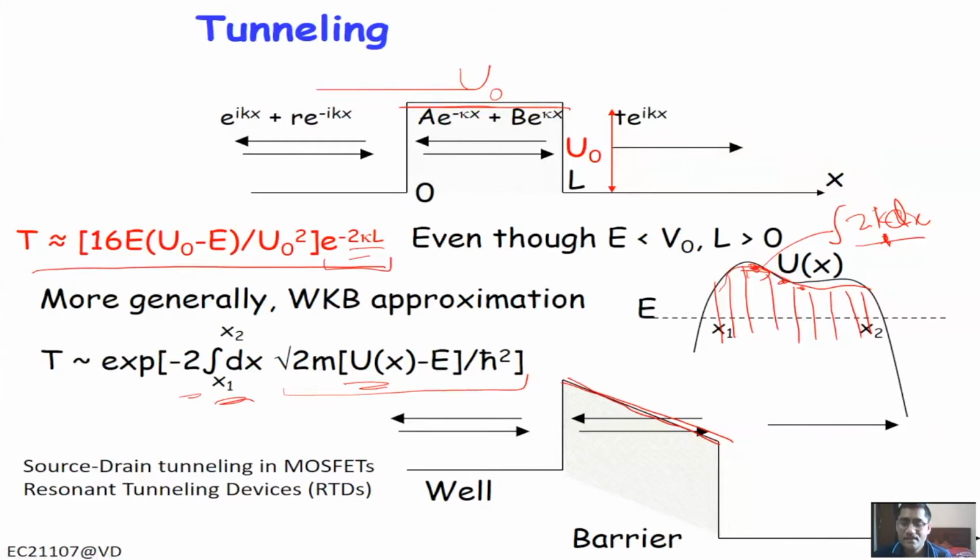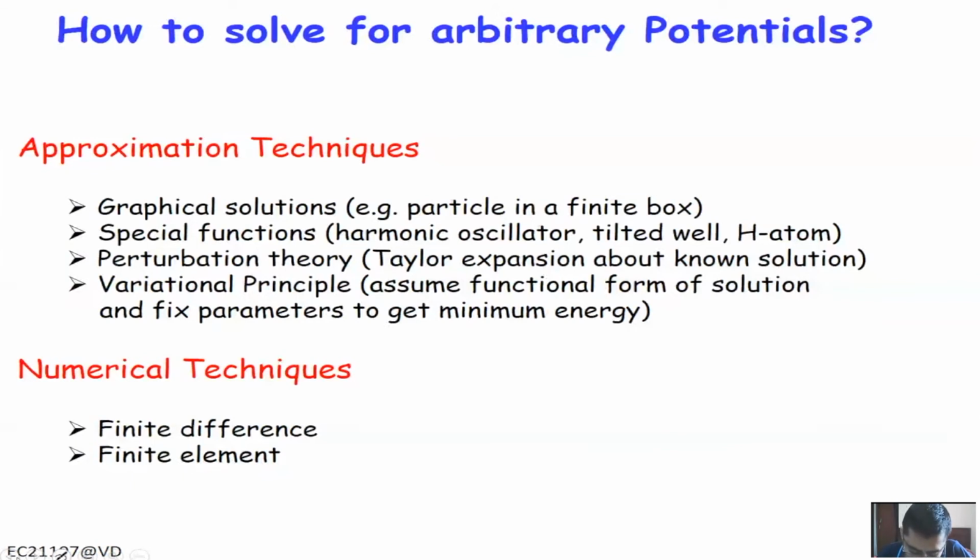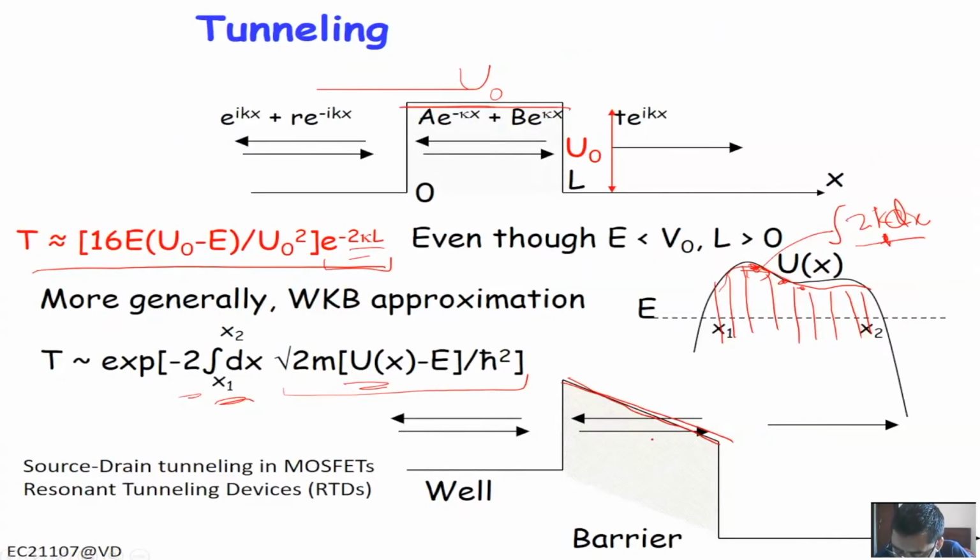This is named after the scientists Wentzel, Kramers, and Brillouin. So these are encountered in MOSFET. So here you have metal, and this is oxide, and this is the other way around.